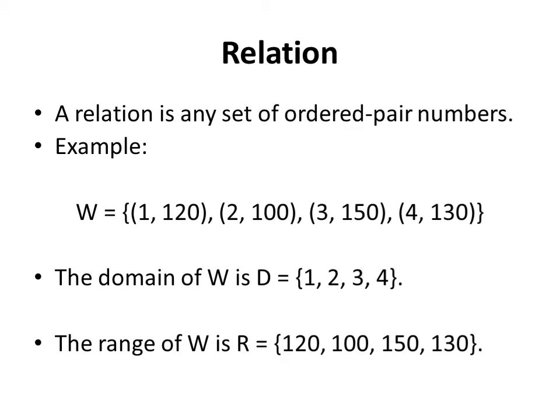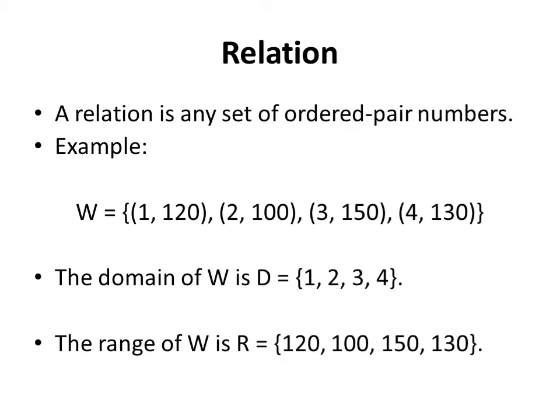For example, consider the given set of ordered pairs W. The first numbers in each pair are the first four natural numbers, while the second numbers are 120, 100, 150, and 130.